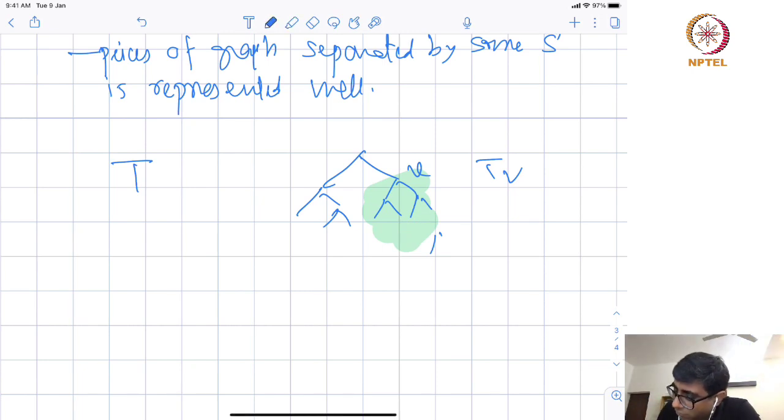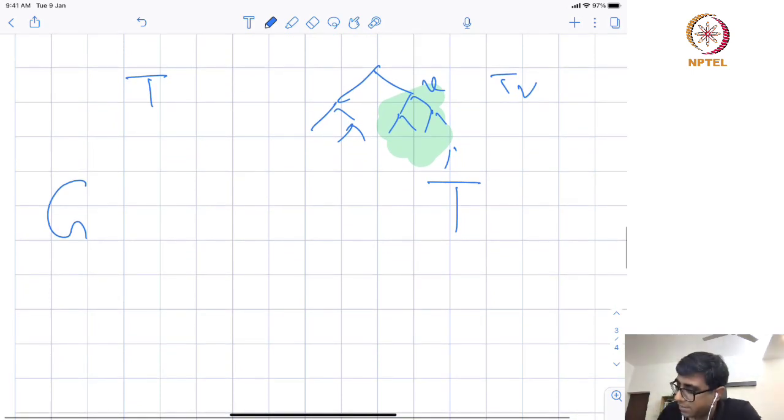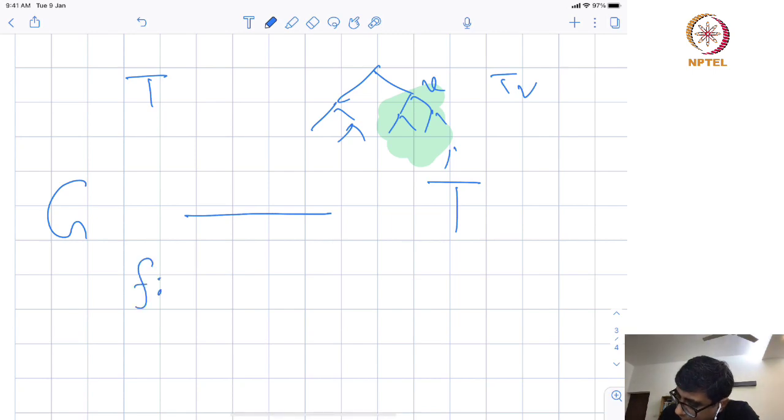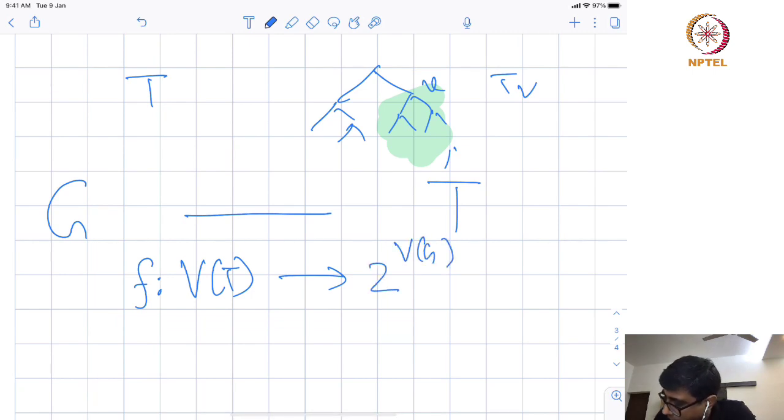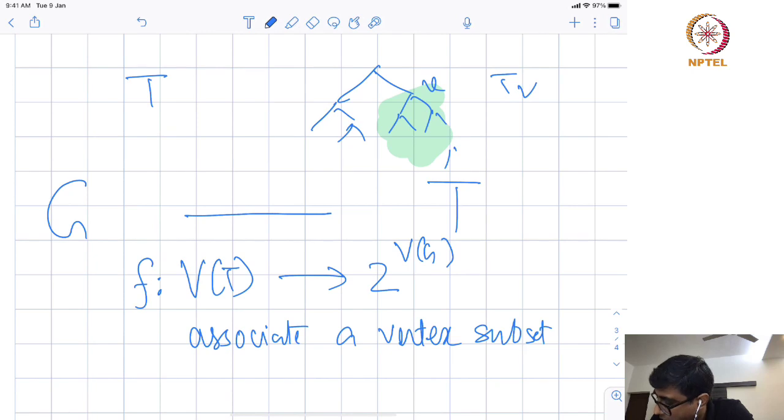Now our graph is not a tree, but I have a graph G and a tree T. I would like to look at a vertex of T, and associate not one vertex, but a vertex subset of V(G).